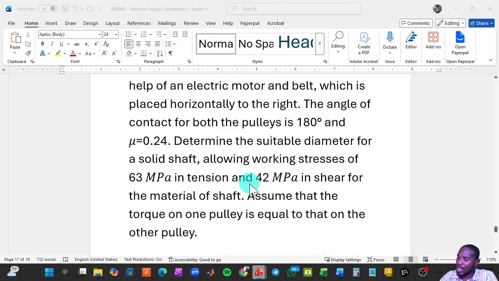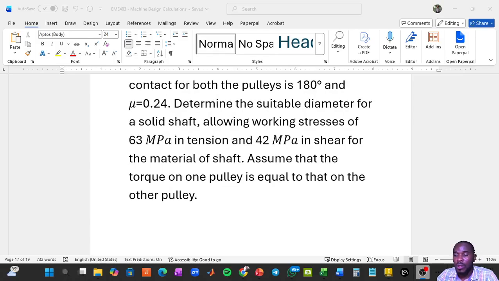So the question now says we should determine the suitable diameter for a solid shaft, if the allowable working stresses of 63 megapascals are there in tension and 42 megapascals in shear for the material. So that tells us which equations to use.